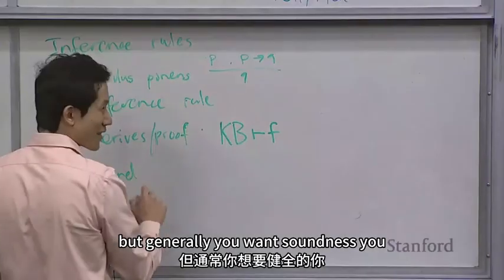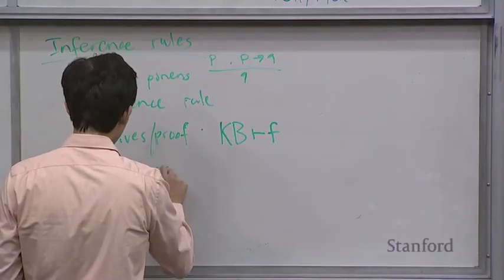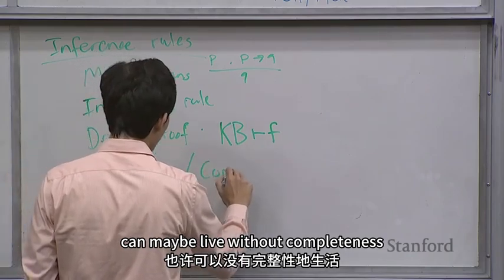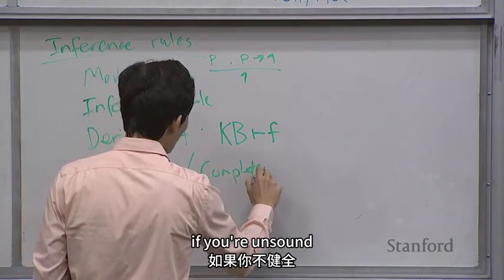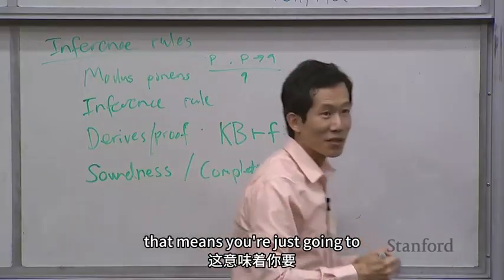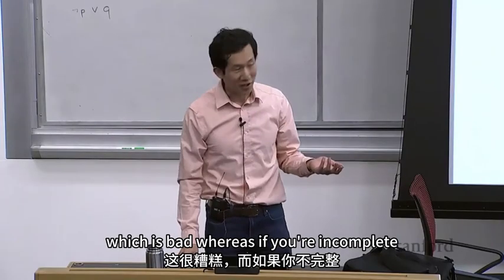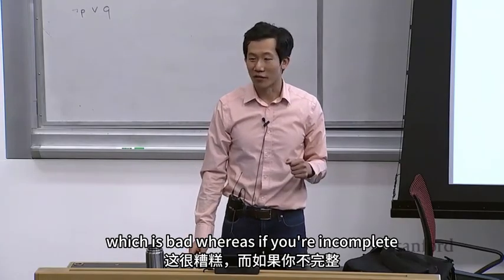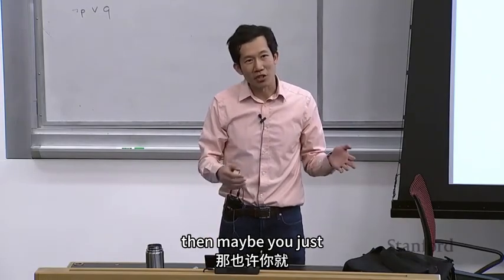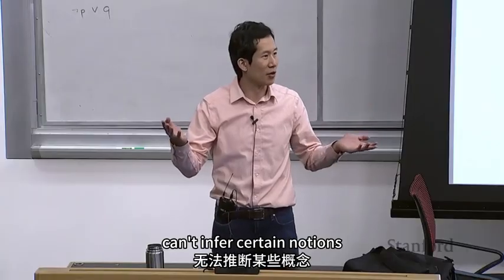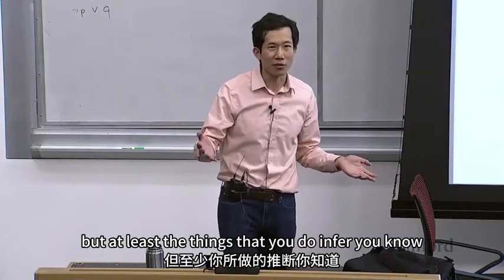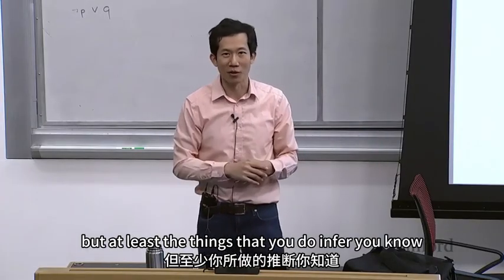But generally, you want soundness. You can maybe live without completeness, but if you're unsound, that means you're just going to generate erroneous conclusions, which is bad. Whereas if you're incomplete, then maybe you just can't infer certain notions, but at least the things that you do infer are actually true.